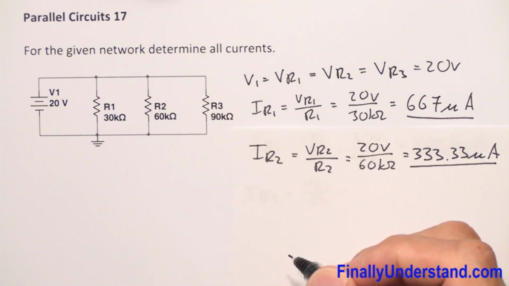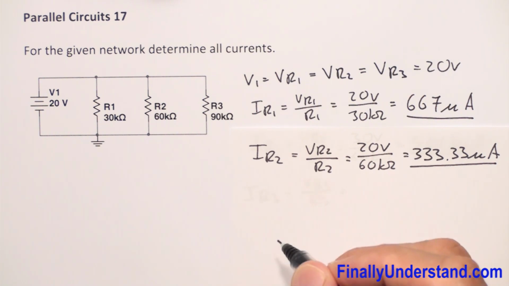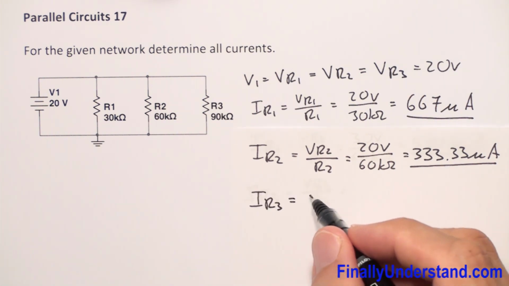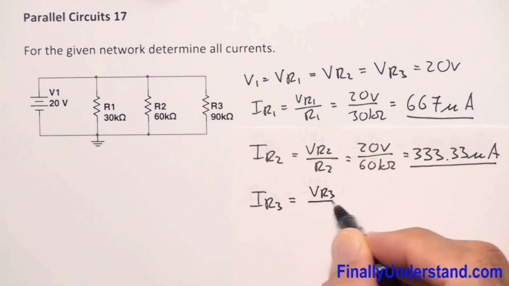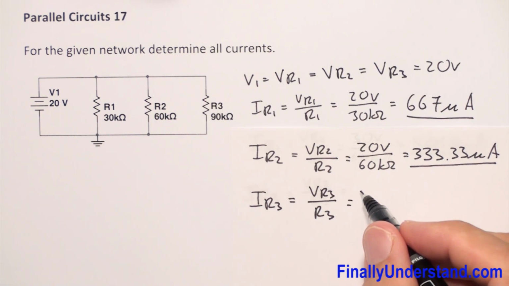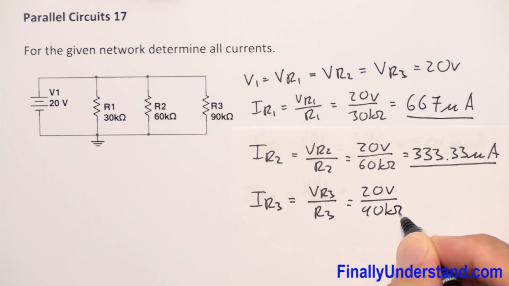Next, I'm supposed to find the current which will go through resistor R3. So IR3 is equal to VR3 over R3. VR3 is equal to what? 20 volts over 90 kilo ohms.